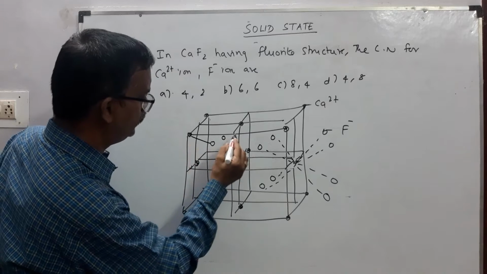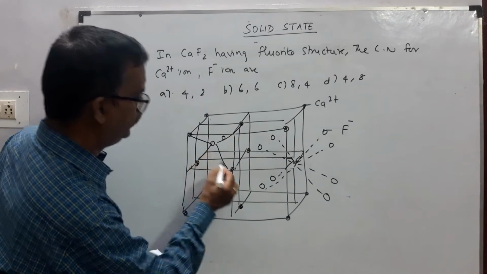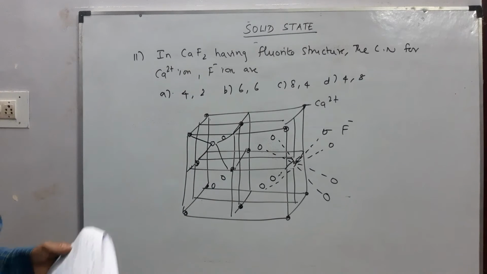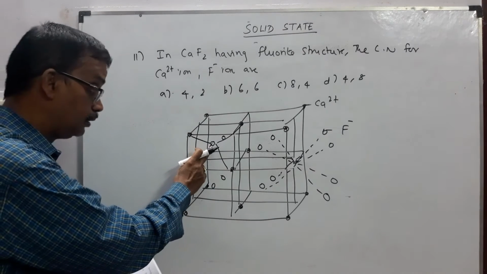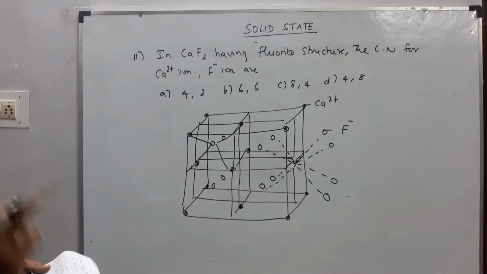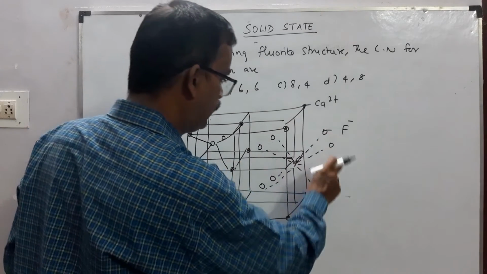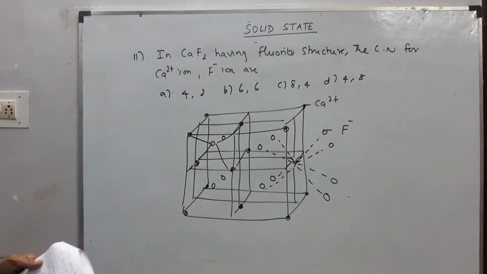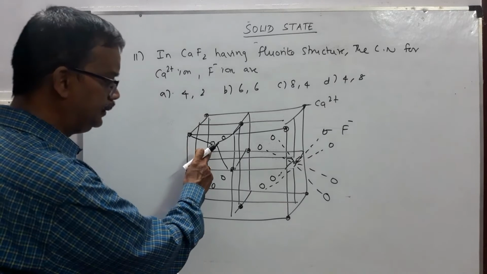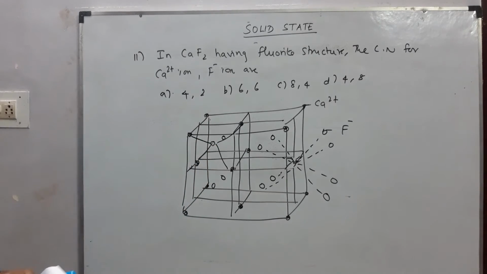That is 1, 2, 3, 4. Each fluoride ion is coordinated to 4 calcium ions, and each calcium ion is coordinated to 8 fluoride ions.